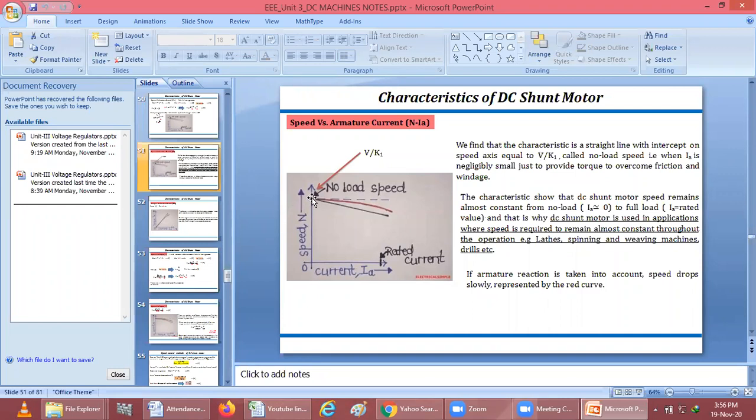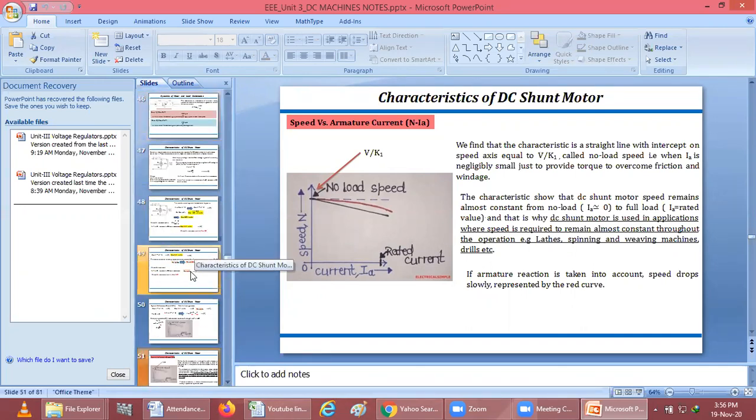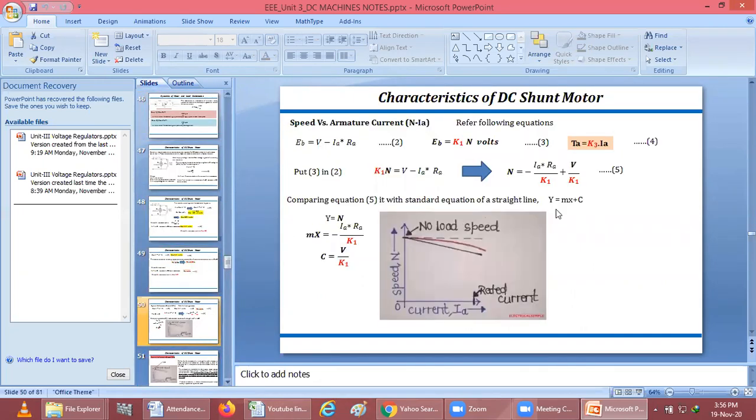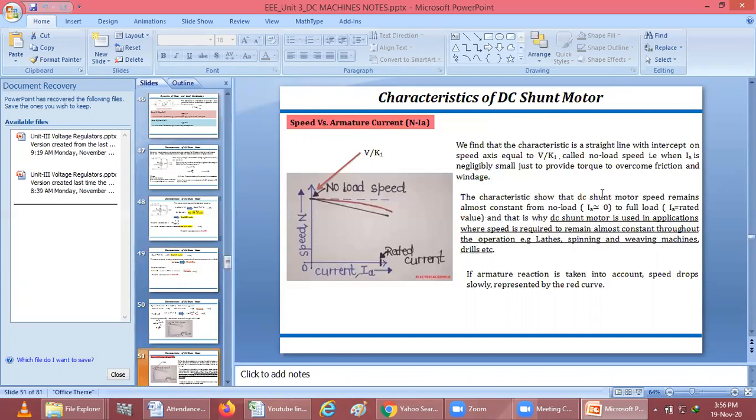We call that no load because if you take Ra as 0, you will get the equation N equal to V upon K1. That's why we call that speed the maximum speed. So we call V upon K1 the no load speed, when we take Ia as negligible or equal to 0 ampere.